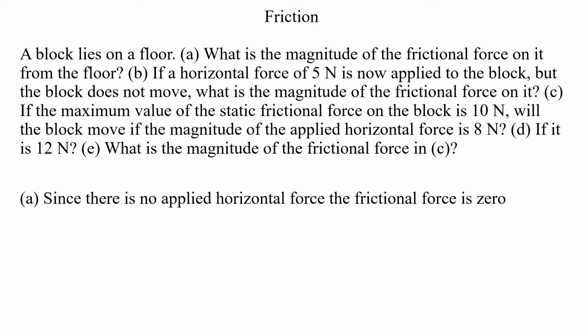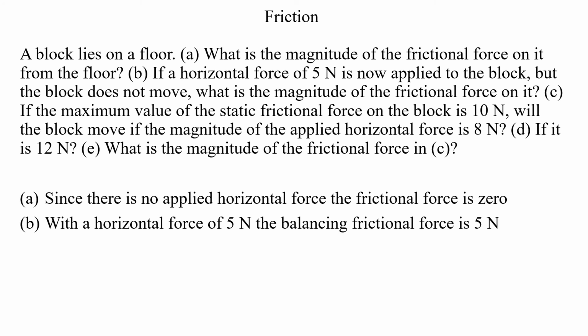All right, so if the box is just sitting on the floor and you're not pushing on it horizontally, well then there is no static frictional force. So since there's no applied horizontal force, the friction force is 0. Now what if a horizontal force of 5 newtons is applied to the block and it doesn't move?